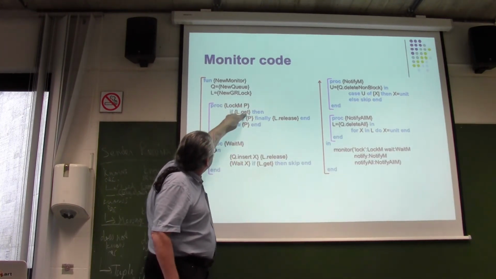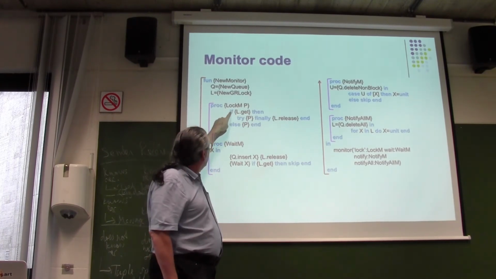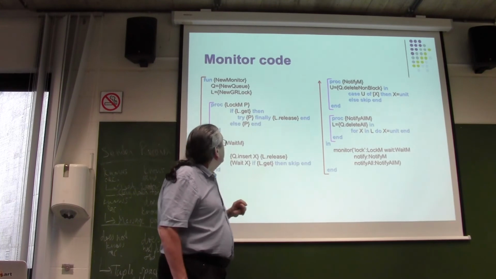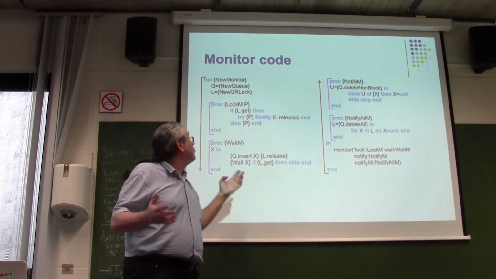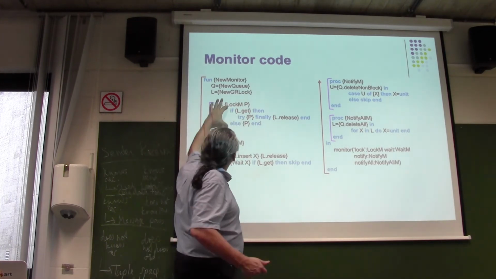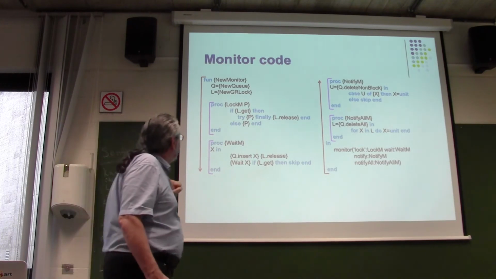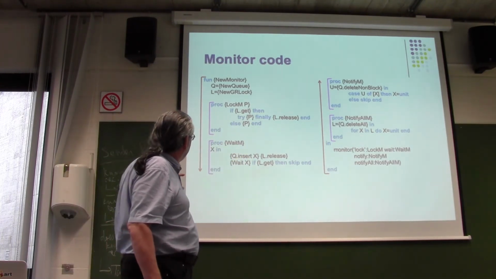Otherwise, if LGet returns false, that means we're already in the lock, and then we can just execute P because it's reentrant. So you see the get and release are used in a regular way, just like a regular reentrant lock. This is the same code as the regular reentrant lock before. But now we have these extra functions: wait, notify, and notify all.